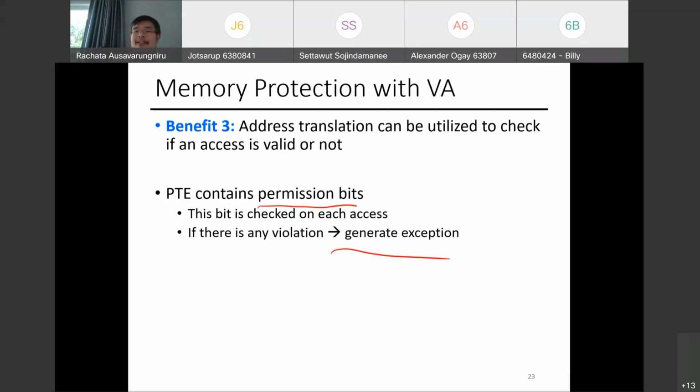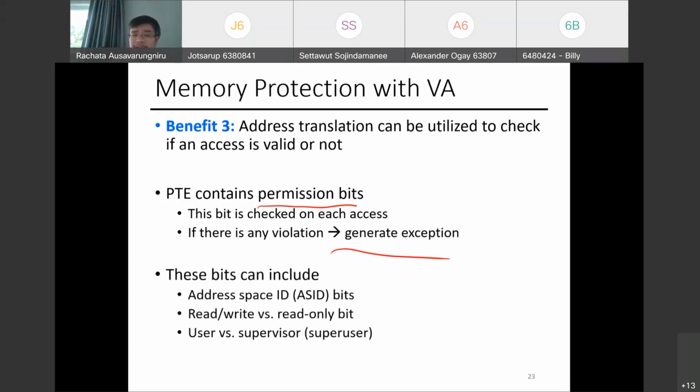The reason behind that is these bits include things like the address space ID. Treat the address space ID similar to the process ID, but this one is for each address space that is being shared. It can be shared amongst different threads, right? Read and write versus read only. If you want to write to a location that's marked as read only, that's a violation.